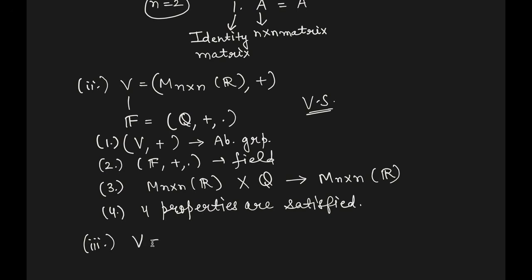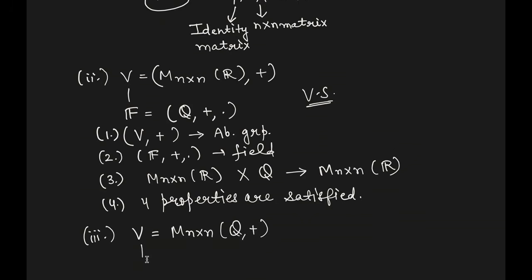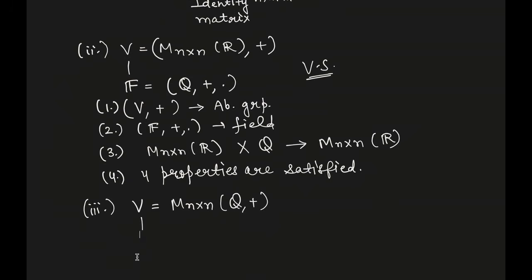Now check this. V equal to M n cross n rational with respect to plus over field equal to real with respect to plus and dot.